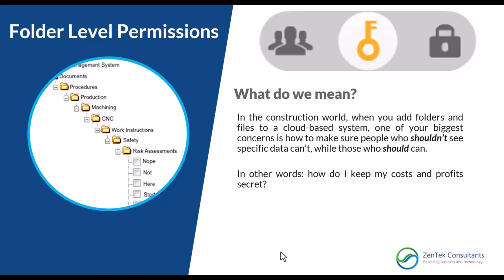And probably the easiest way to do this is at the folder level. I think that's a key component of this. If you've got those bids and you want to make sure that they aren't accessible to anybody outside your company, you do want to put them in the cloud so that your staff can access them from anywhere, anytime, any place.